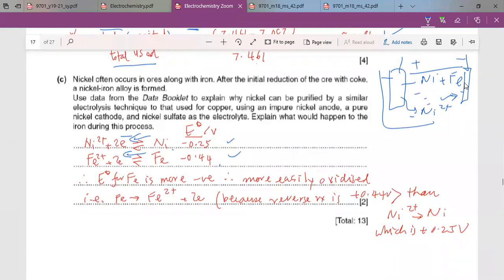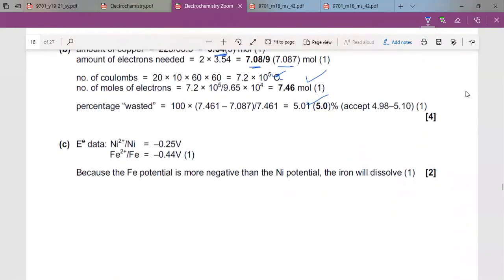So remember, iron will dissolve first, because it is more negative, or becomes more positive in reverse. So here it says, remember, iron's potential is more negative, so iron will dissolve.